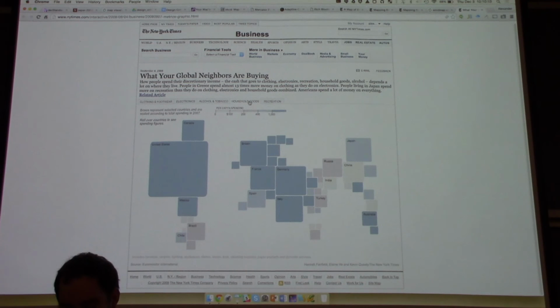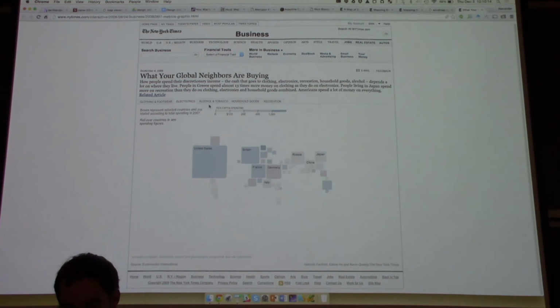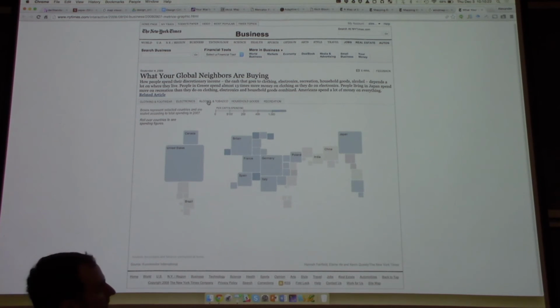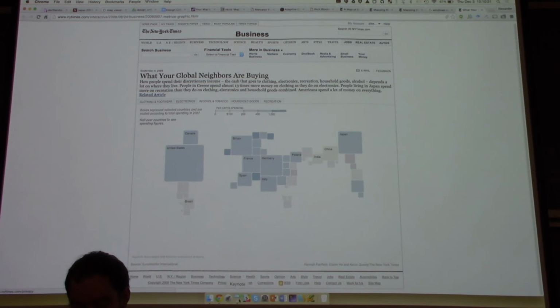Interestingly, Japan spends a lot on recreation. These things are simple, and of course there are not a lot of countries here, and you get a rough idea: the United States is on the left by convention, Europe is in the middle, and Asia is on the right. So you get an association of where those places are.